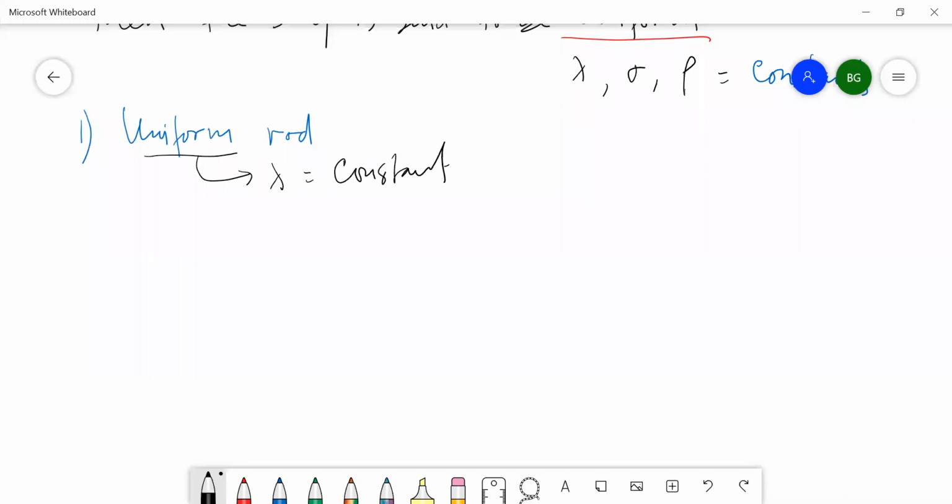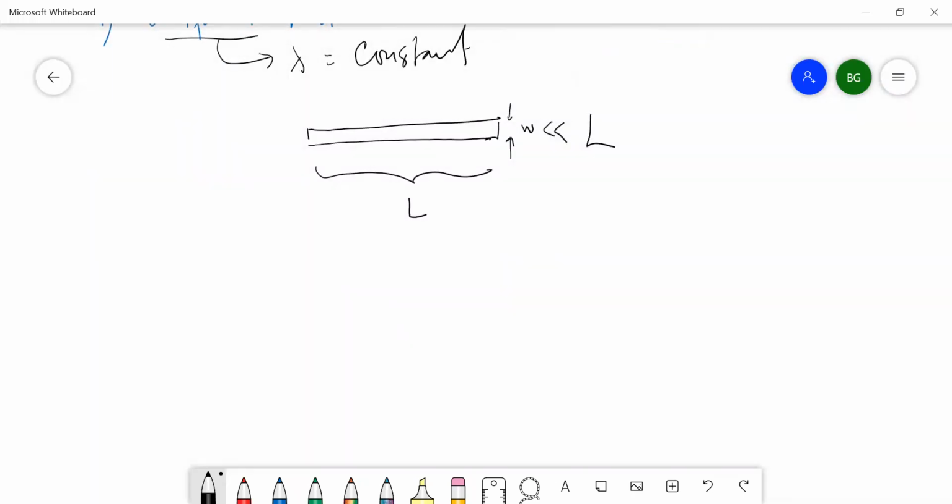Usually we simplify the case: if we discuss a rod, we only consider the length L, and the width is omitted, meaning the width is much less than L. We can put this rod in a coordinate system like this.